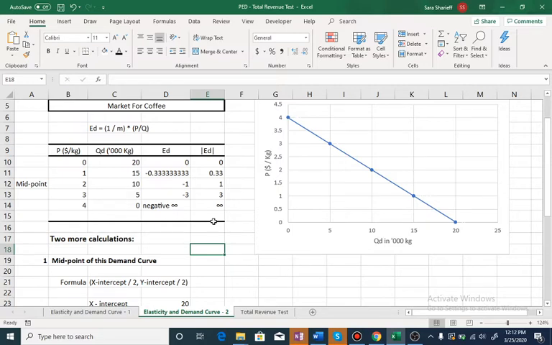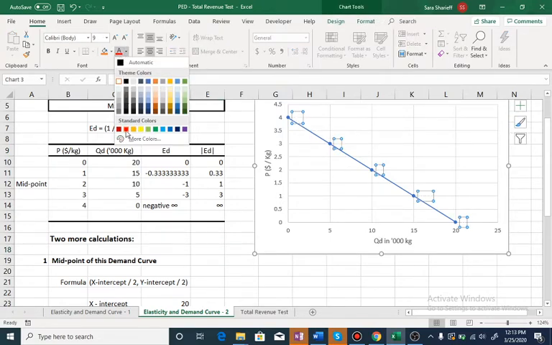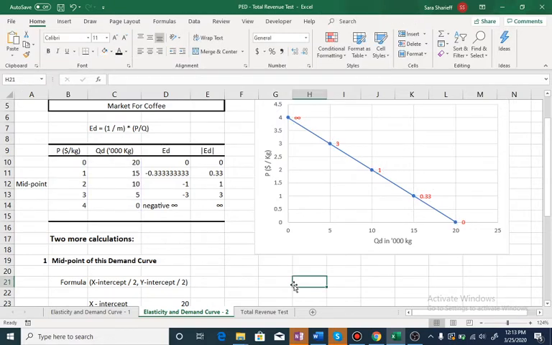Okay, now we have the absolute values in front of us. Now I want you to write these absolute values on this graph in front of the data points to which they correspond, because doing this will help us in analyzing this graph better. So what I'm doing now is writing the absolute values of price elasticity of demand in front of these data points. Now what do you notice?